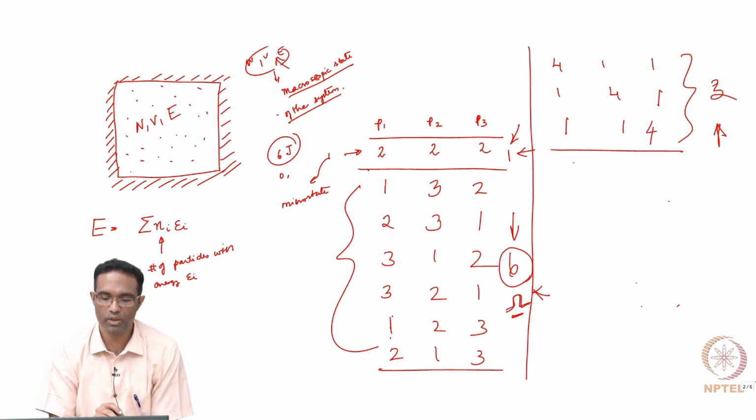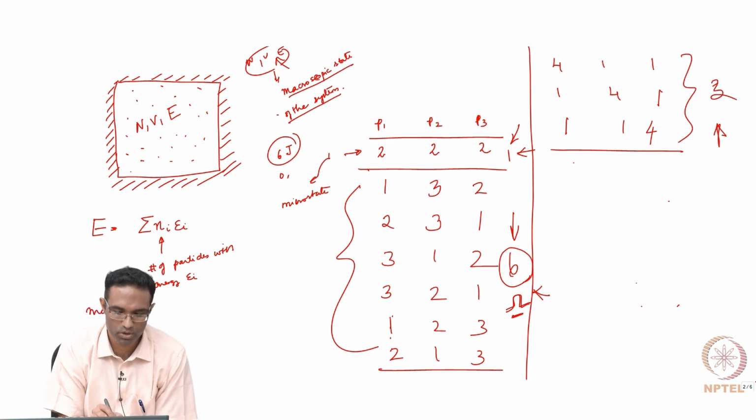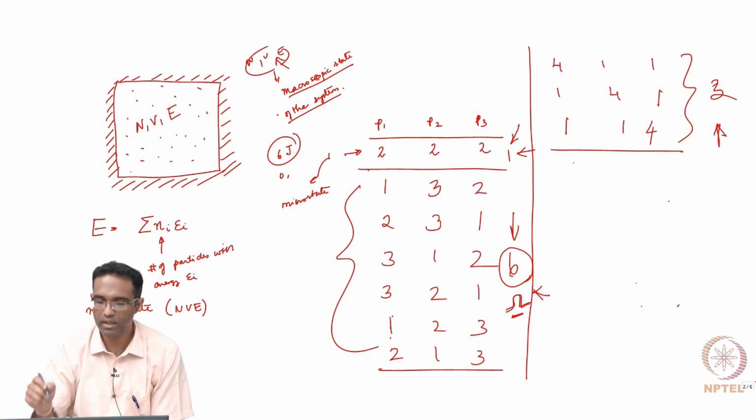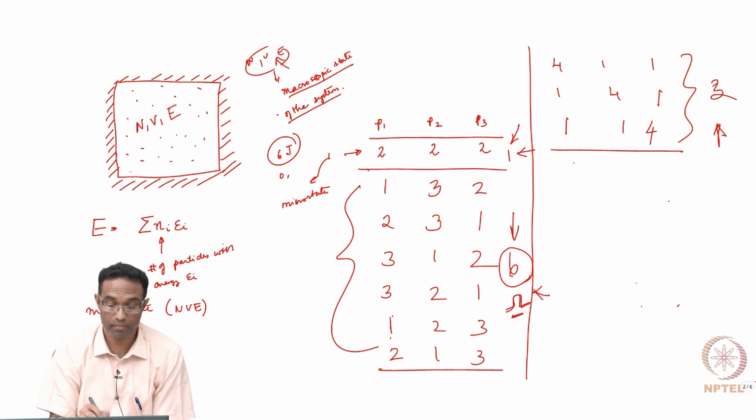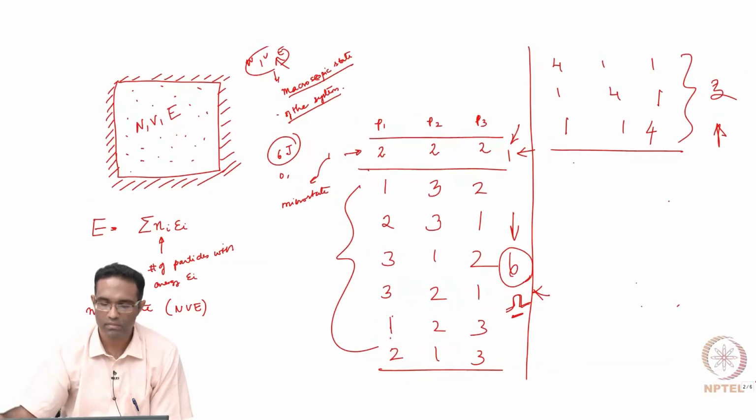Basically, this was done to illustrate 2 terms: one is a macrostate and the other is a microstate. The microstate is commensurate with the applied macrostate, right? Each of these is the same macrostate, right?